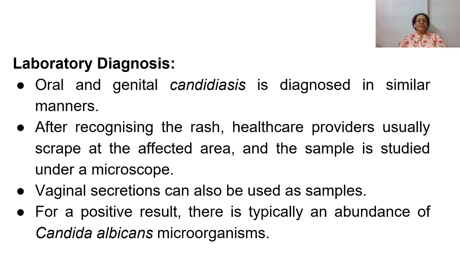If it is infection of the lungs, that is pulmonary candidiasis, organisms may be present in the sputum sample. In case of oral thrush, one can collect scrapings from the tongue or scrapings from the oral cavity for the identification of the microorganism.